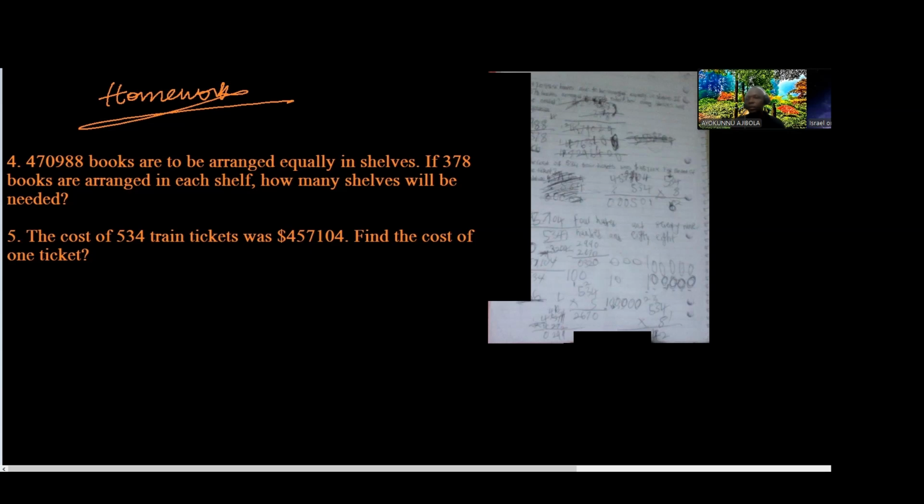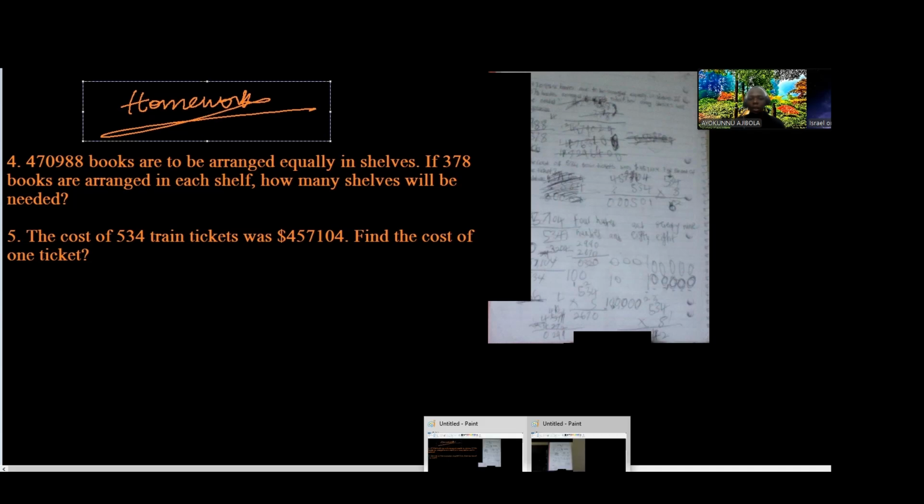I divided 470,988 by 378. Where is the working? It's on the side, on the left side, right?